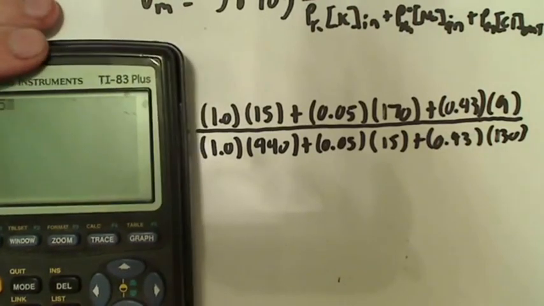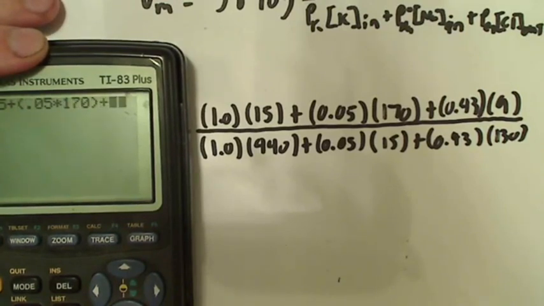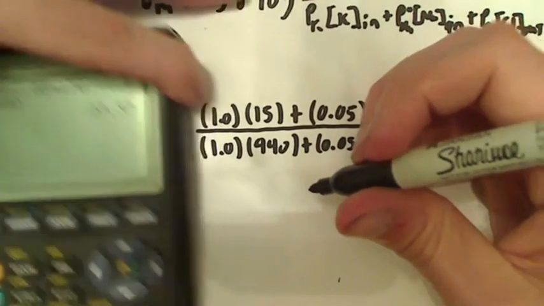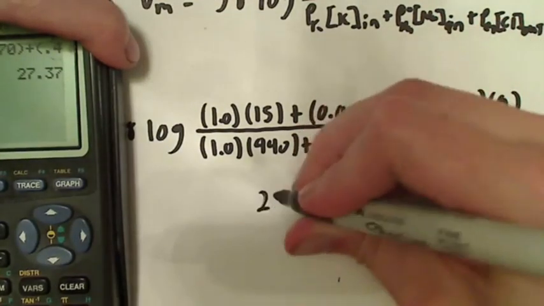So it's 15 plus 0.05 multiplied by 170, plus 0.43 multiplied by 9. So the whole top value is about 27.37.